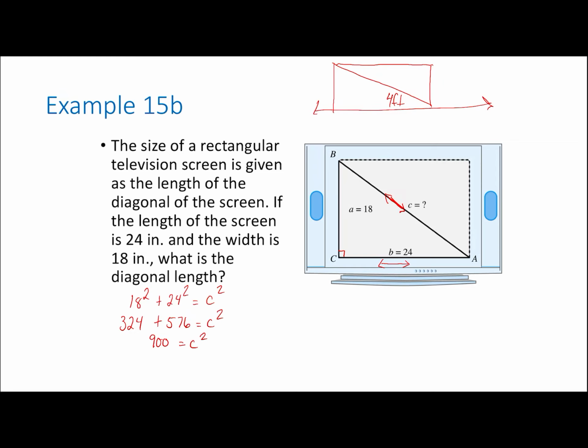And then again, you need to take the square root. I'm using a calculator just like I expect you to. So let's see if I can get mine to do right. There we go. So we're taking the square root of 900, and we get 30.